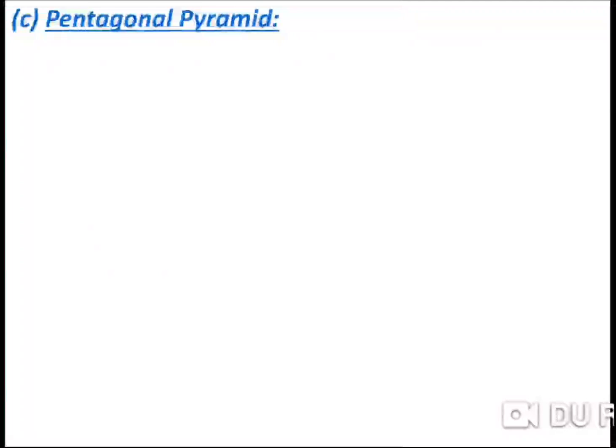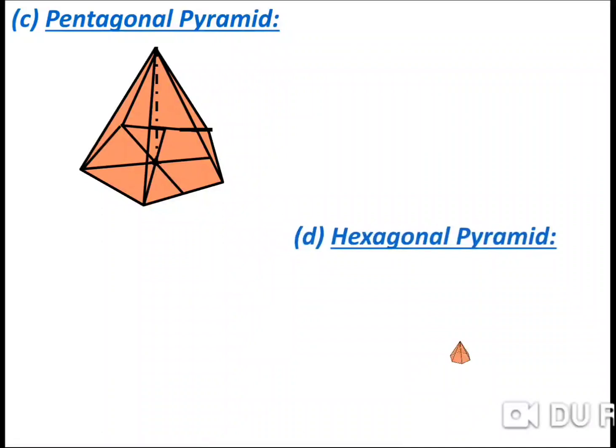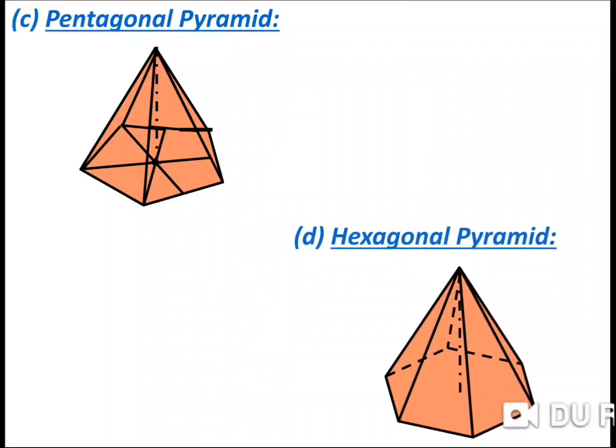Pentagonal pyramid: base is a pentagon and 5 isosceles triangular side faces. Hexagonal pyramid: base is a hexagon and 6 isosceles triangular side faces.